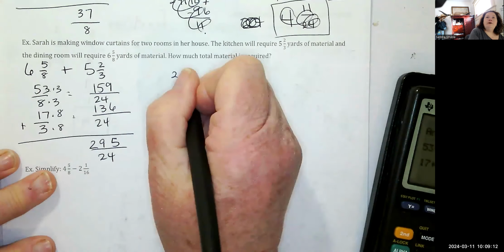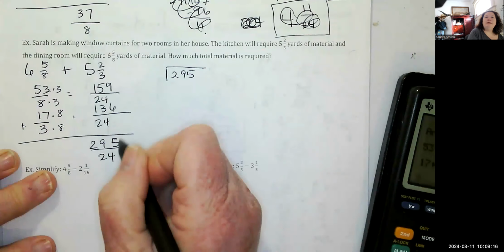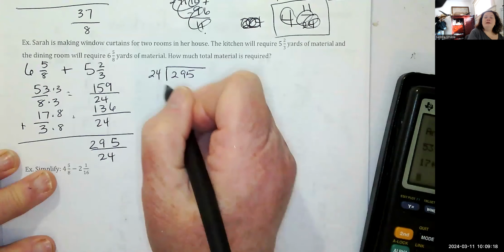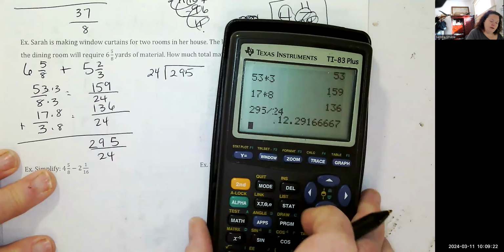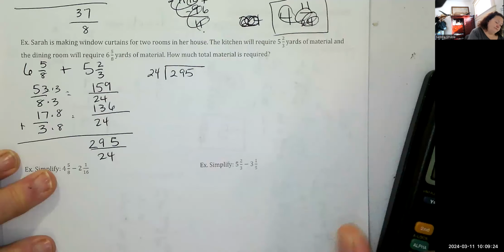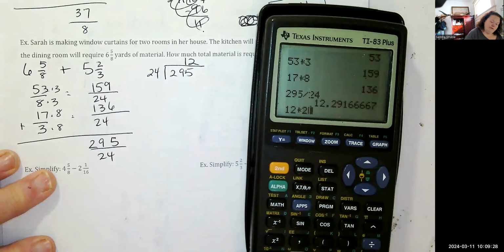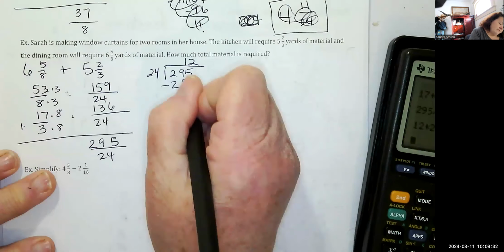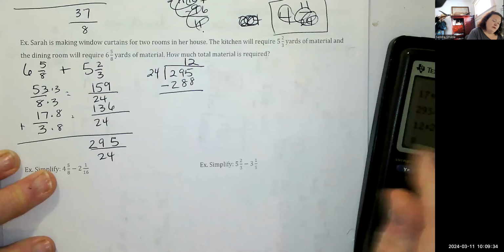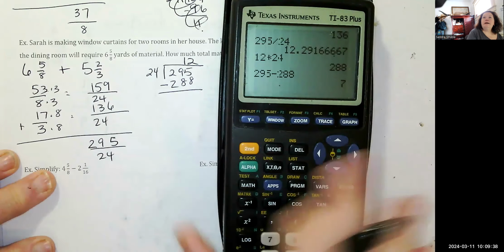Take my 295 and change it to a mixed number because it is currently improper. I'm dividing 295 by 24, and I got 12. 12 times 24 is 288. 295 minus 288 is 7.